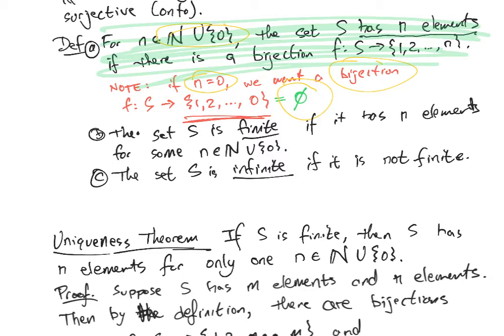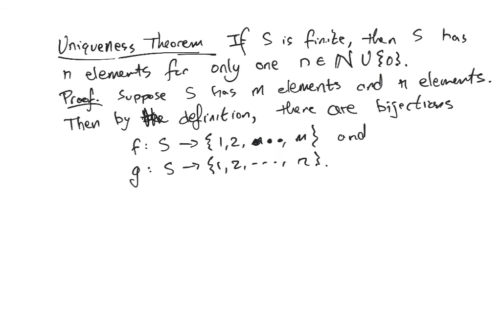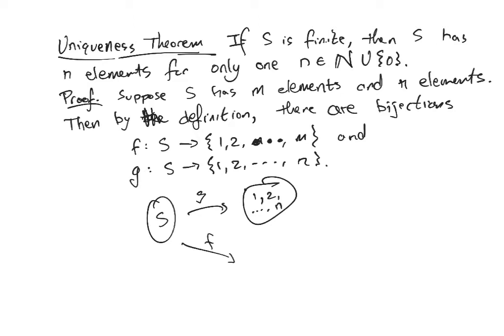Now, here's S, we've got G mapping it into 1, 2, up to n, and we've got F mapping it into 1, 2, up to m.